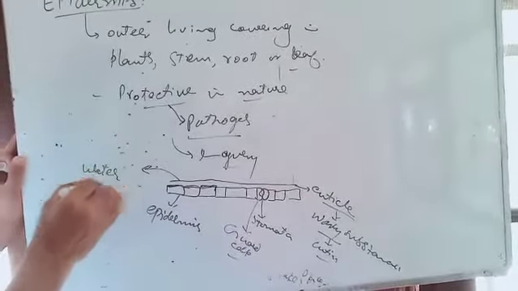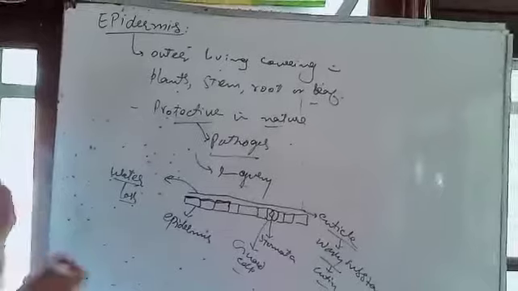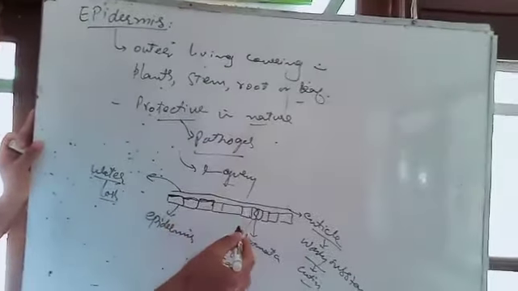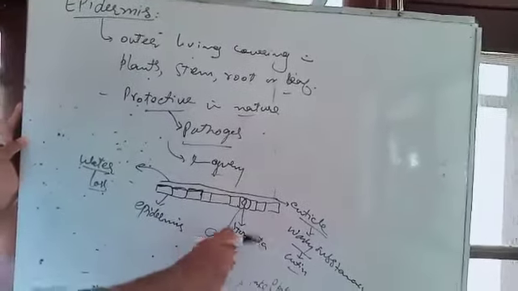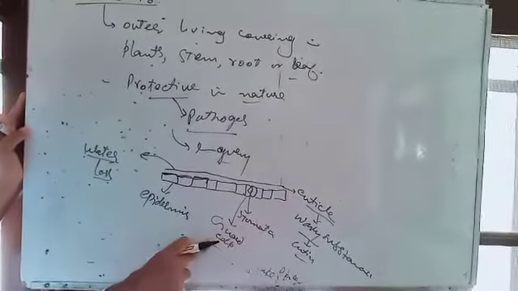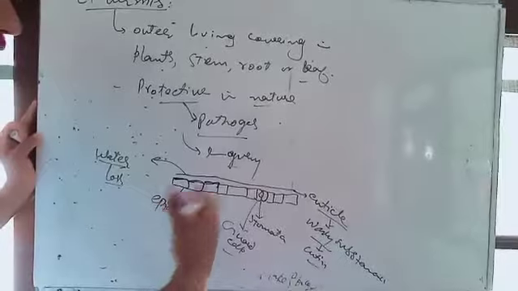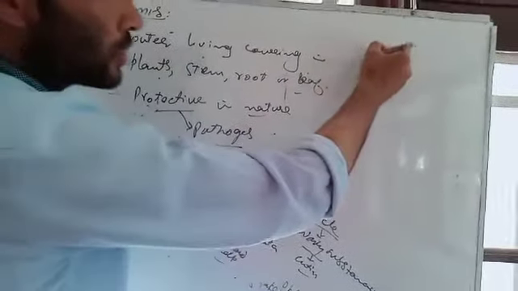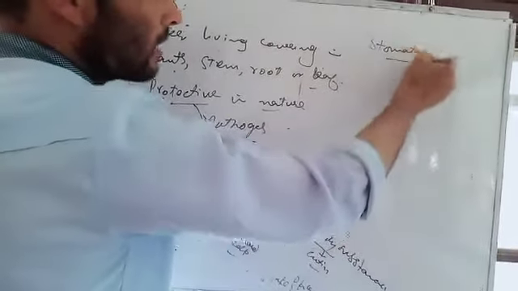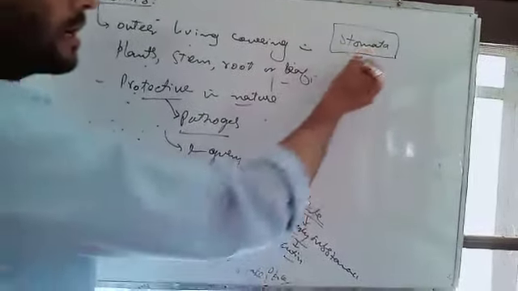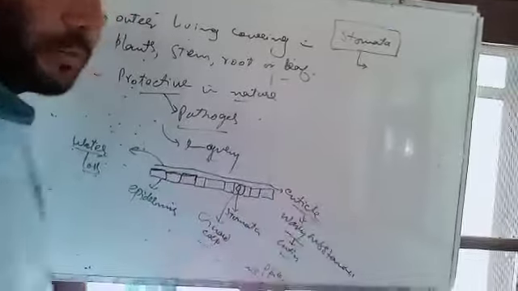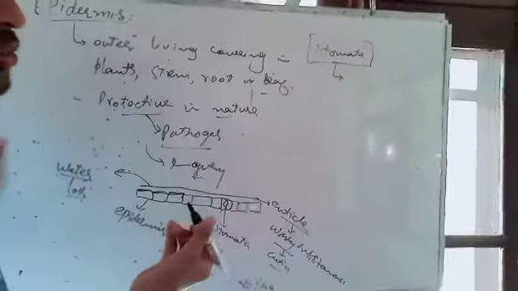In case of leaves, the epidermal cells, or you can say epidermis, are interrupted by stomata, and the stomata are formed by guard cells. The stomata are tiny pore-like structures present on the leaf epidermis.